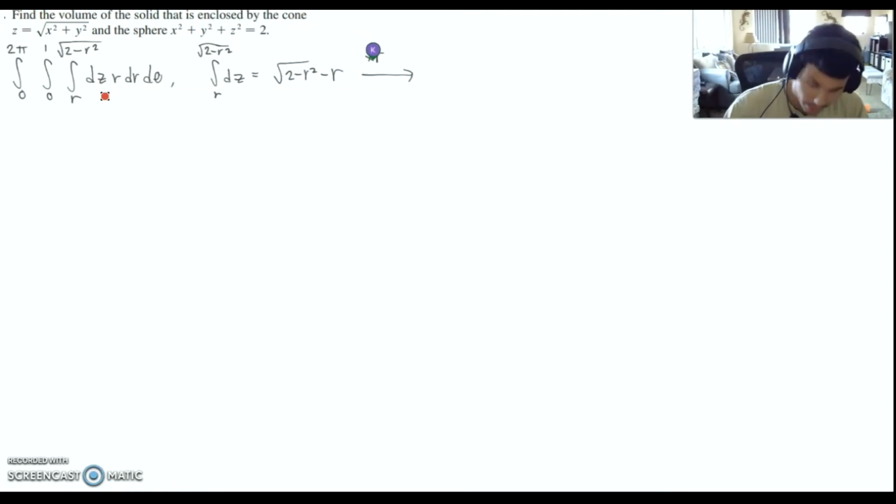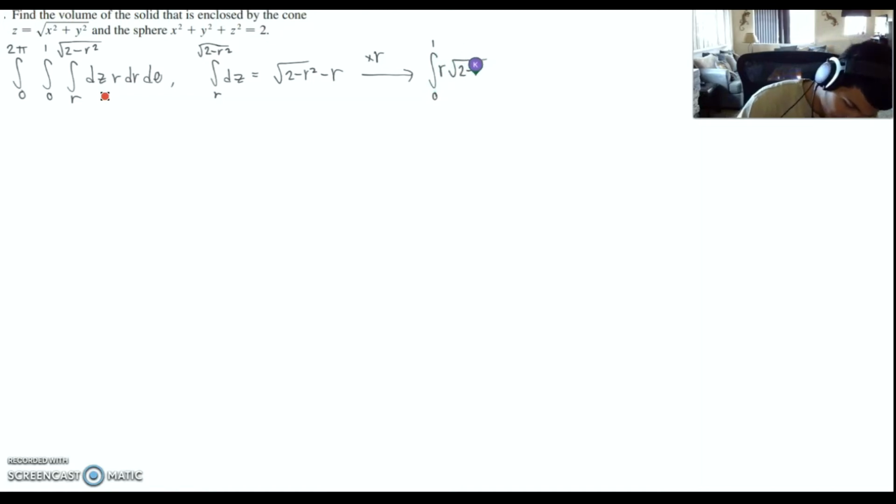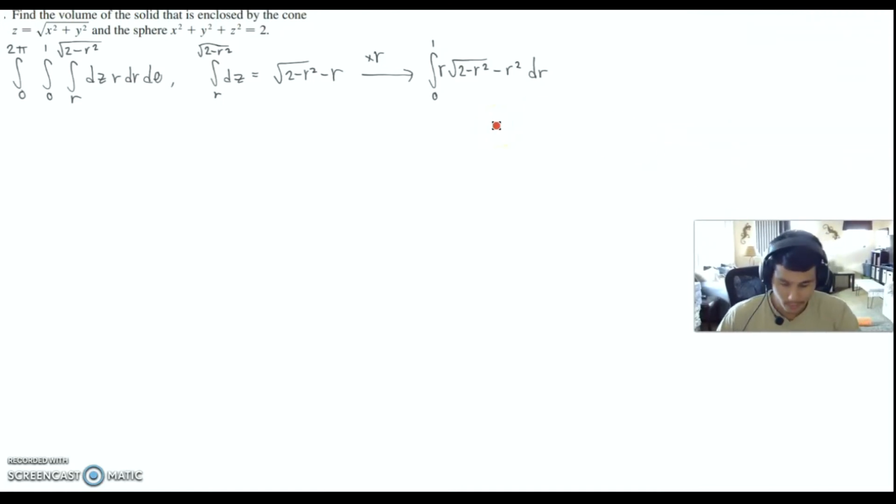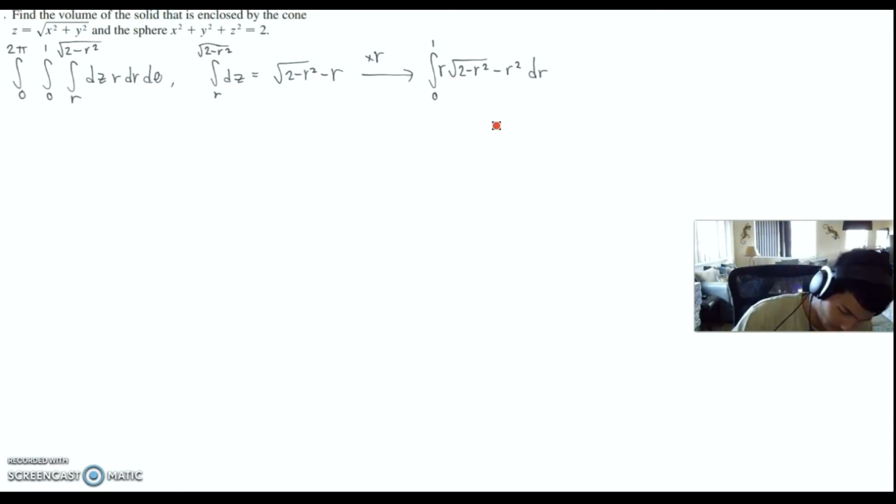So times it by r, and then this turns into the integral from 1 to 0 of r root 2 minus r squared minus r squared. Right? There we go. Now, what's super nice is that Jacobian, because I would not want to integrate just the square root of 2 minus r squared. That'd be much more of a hassle. But we have that r, we times it by r, so now we can actually integrate this a lot easier.